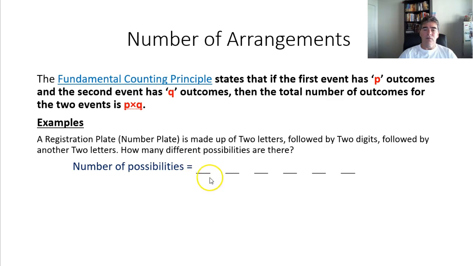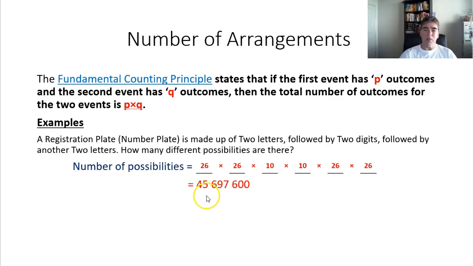So 2 letters, 2 digits, followed by 2 letters. So we know 26 letters in the alphabet. Once one's used, I can repeat it. Then my digits, 10 of them and 10 of them, and then back to our letters of the alphabet, 26 and 26.